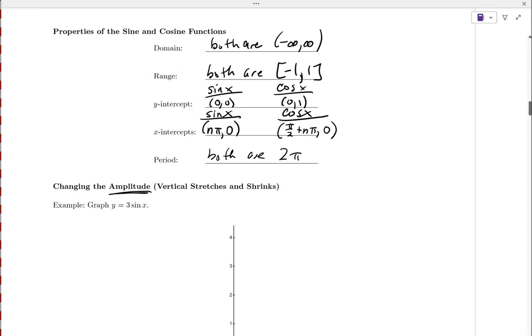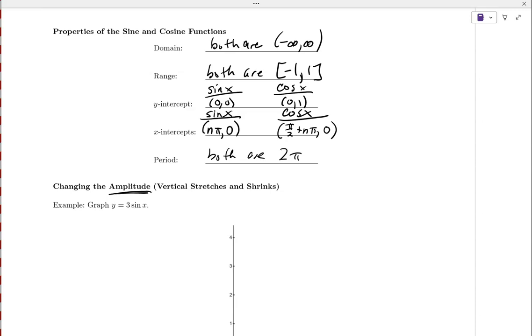That's what the amplitude means. As a definition, if you think about your original graph, I like to think about the x-axis as a baseline. How far up and how far down does the sine and the cosine go from the baseline? 1, right? 1 unit up, 1 unit down, 1 unit up, 1 unit down, right? The amplitude is how far you move from the baseline, okay?